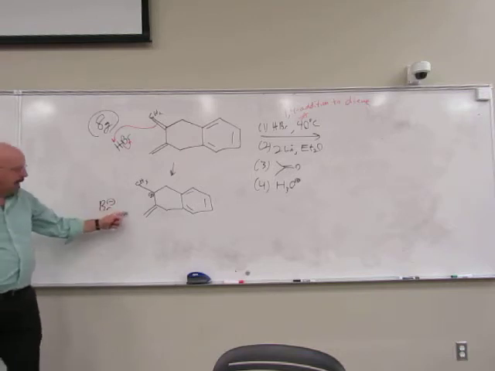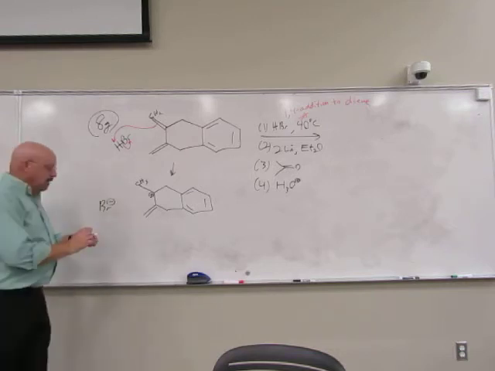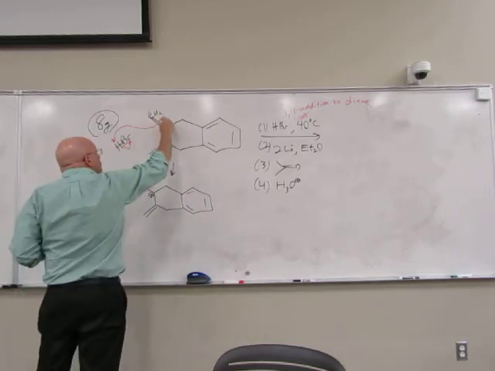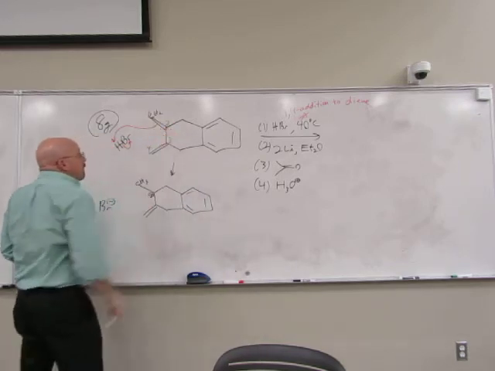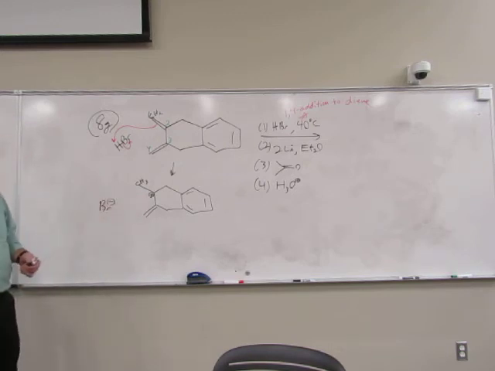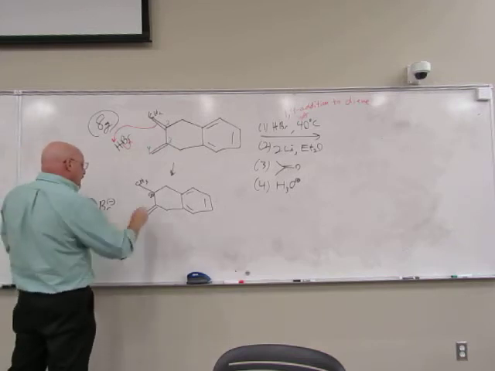If I add the bromine now, that's 1,2 addition. We said we need to do 1,4. There's 1, 2, 3, 4. If I add the bromine right now, that's 1,2. That would happen if you're at minus 80. But at 40 degrees, this is going to do resonance next.